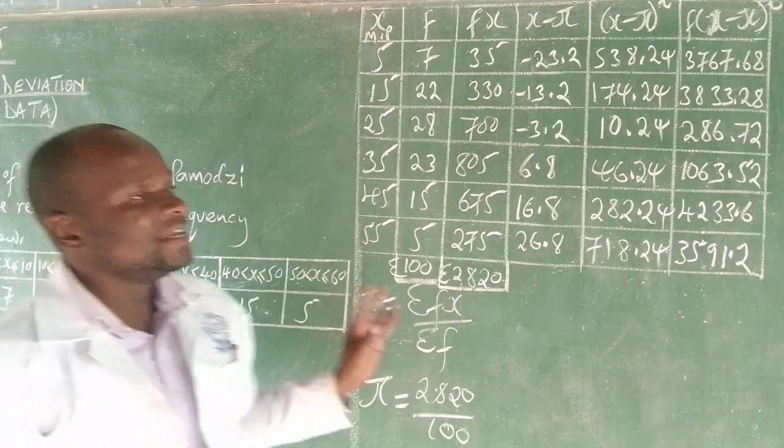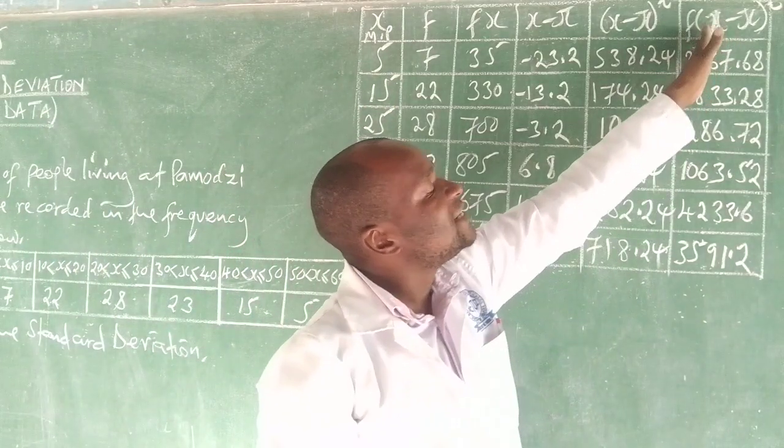After the table is done, we are supposed to add the last column.